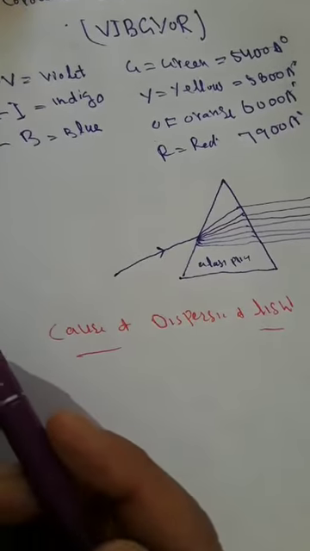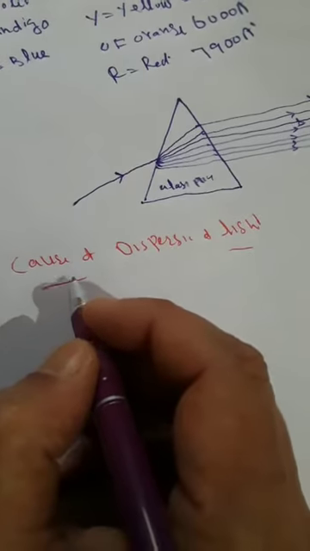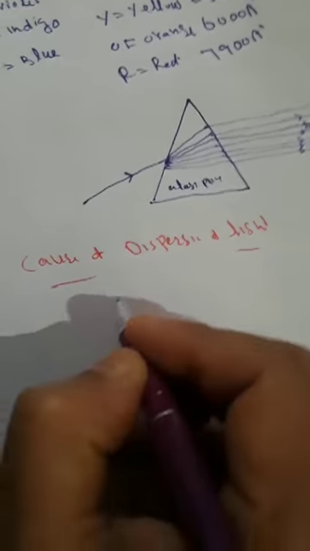We know that the refractive index of a material for wavelength lambda is given by Cauchy's relation, which gives a relation between the refractive index and the wavelength.